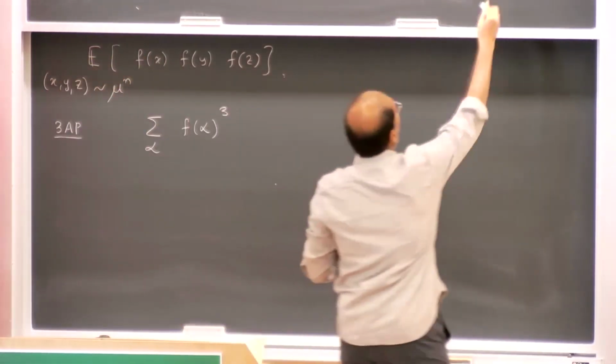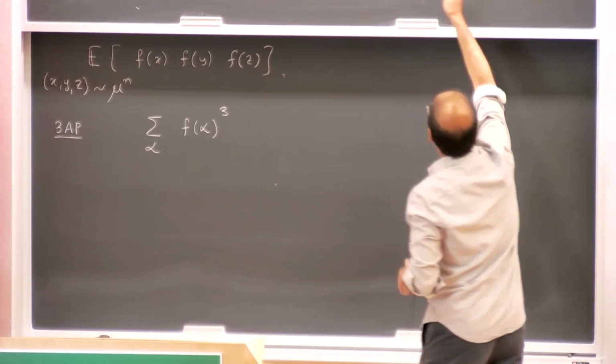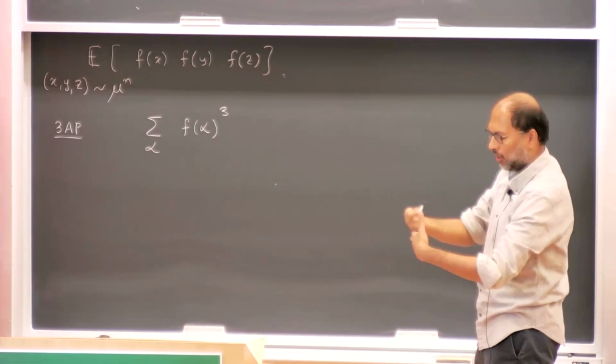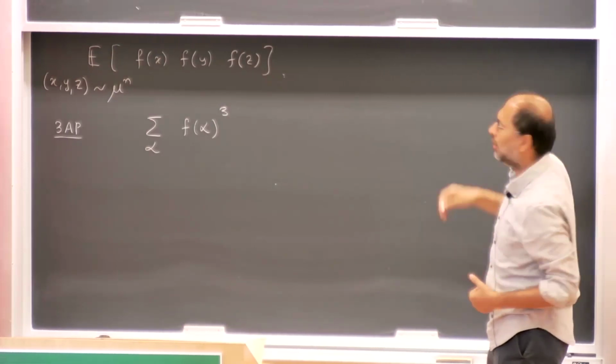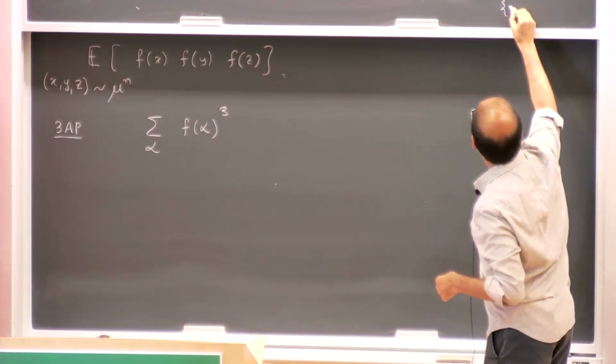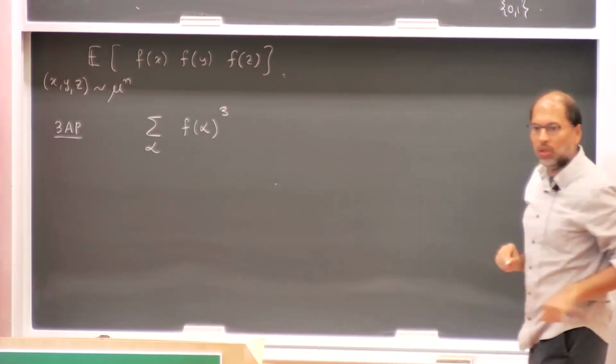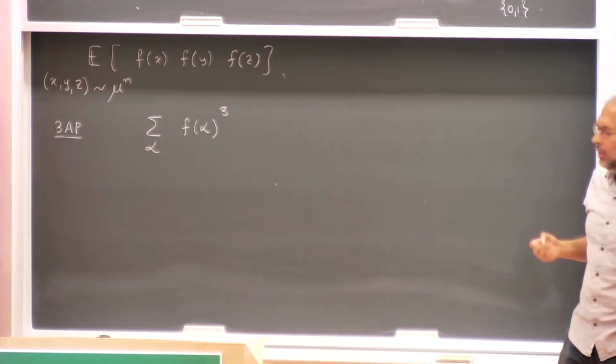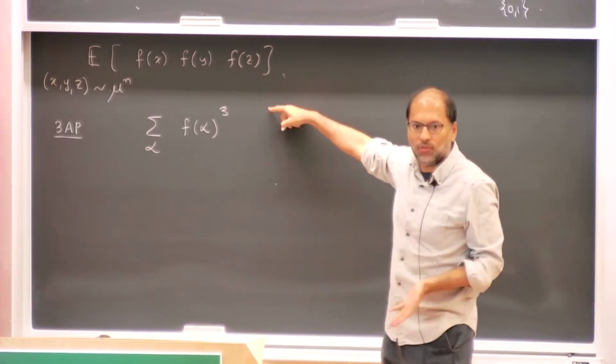But in the restricted 3 AP case, you again have the same distribution over APs mu to the n, except that in the base distribution on one coordinate, the common difference ai is only a 0, 1 coordinate. Okay. And then it turns out the standard argument basically just falls apart.